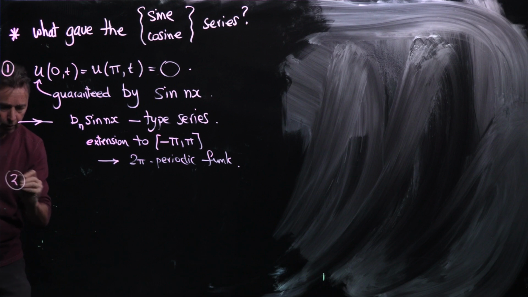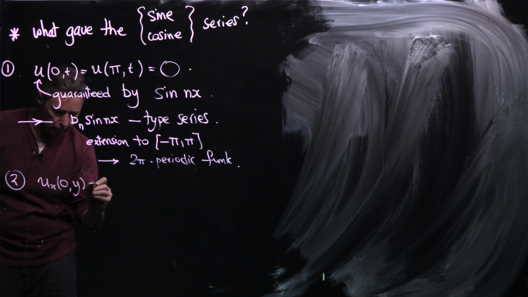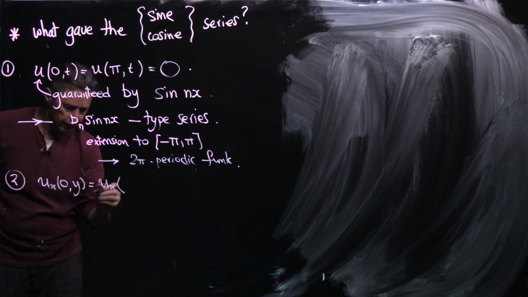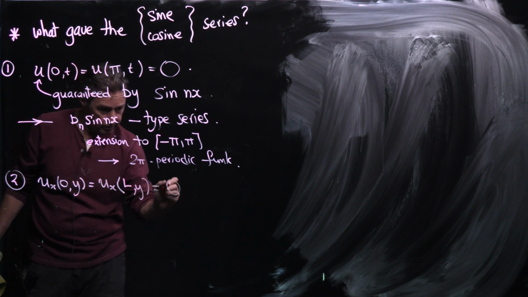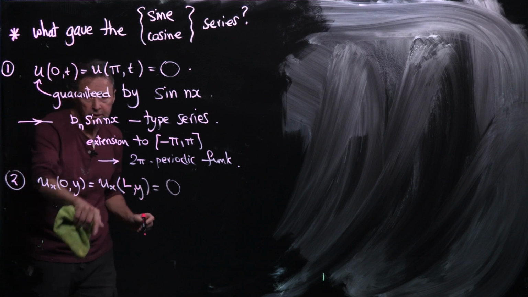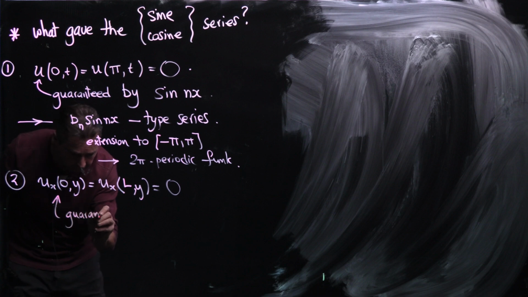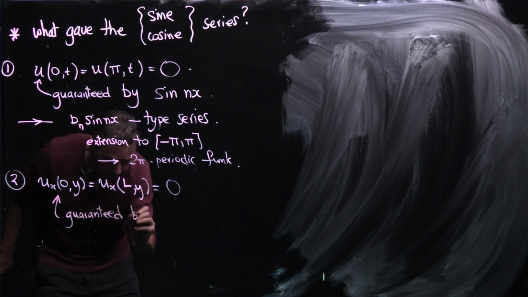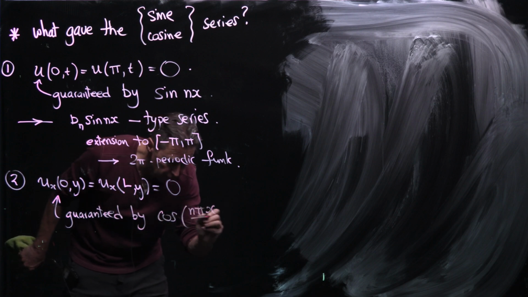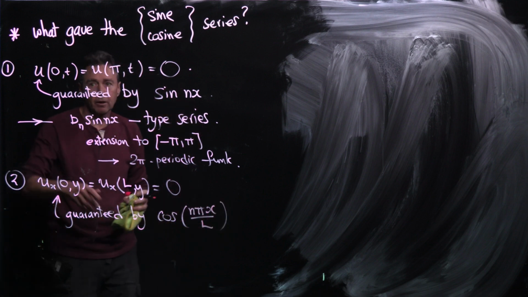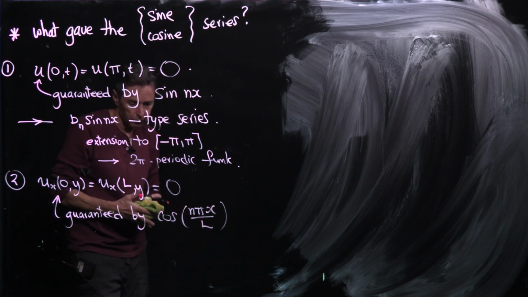Problem 2, we actually had derivative conditions. And we had the other one at L, not pi. So these conditions are guaranteed by the cosine. And in fact, the argument of the cosine is now slightly different because I'm going from 0 to L now. We needed that kind of a cosine.